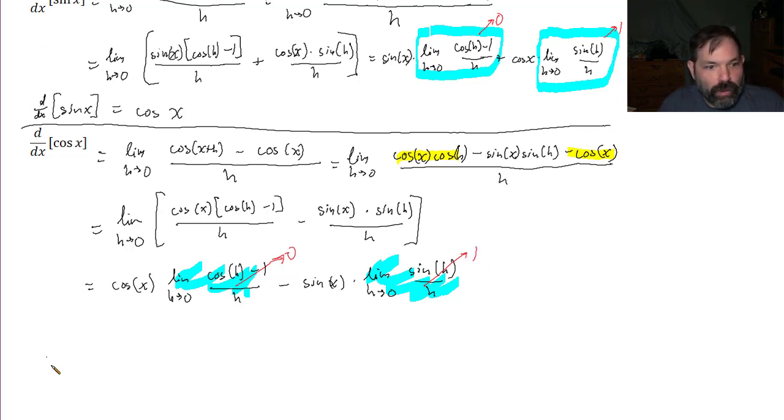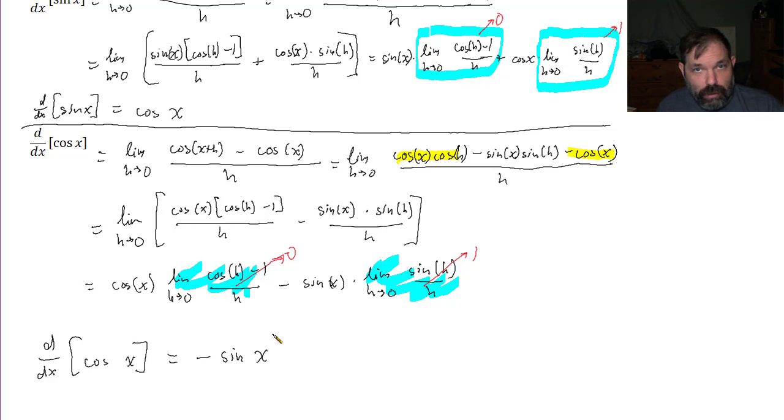And so we are left with the derivative with respect to x of the cosine function equal to negative sine x. So that's how we can calculate the derivative of the sine function and the cosine function respectively. The derivative of the sine is the cosine. The derivative of the cosine is negative sine.